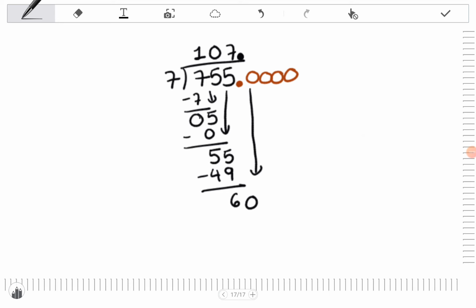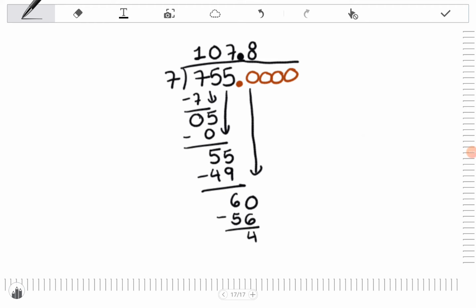Now, 60 divided by 7. So 7 times 9 is 63. It's already over the limit. So we need to go below, to 7 times 8. Then we multiply 8 times 7, which is 56. And we subtract. This is going to be 4.